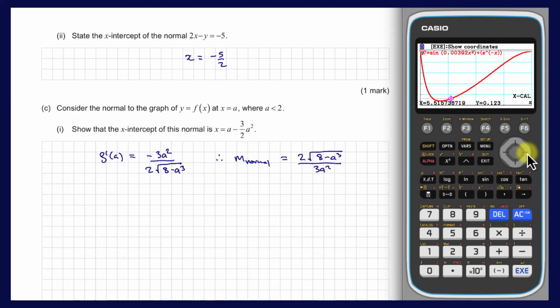The point we also need to know is that f of a is equal to the square root of 8 take a cubed.